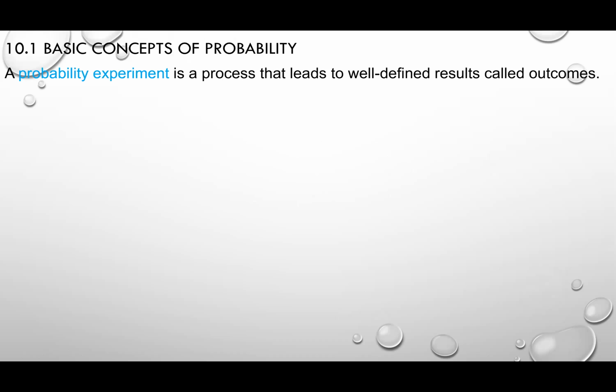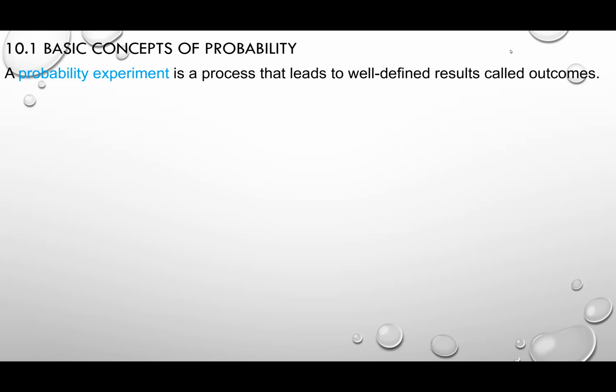So in terms of probability, many of you all know what probability represents. But we have some terminology we want to go over so that it's easy for us to communicate with each other, right?